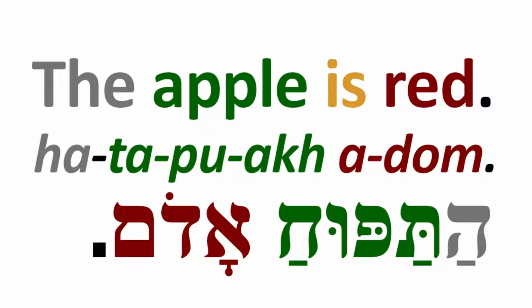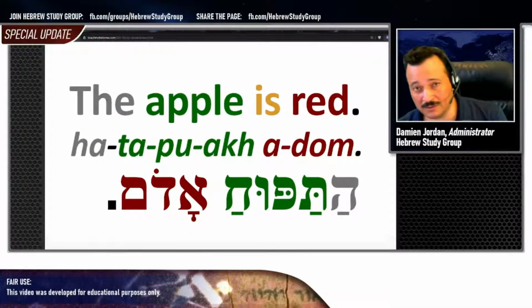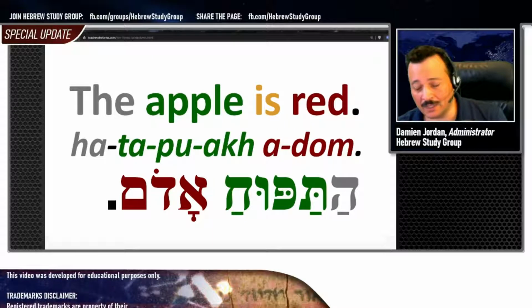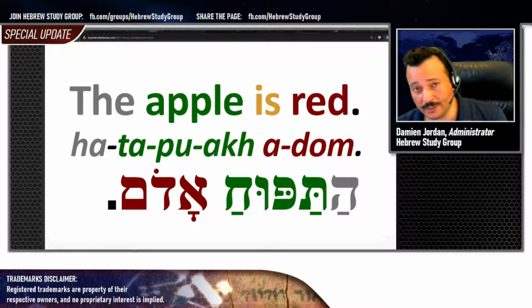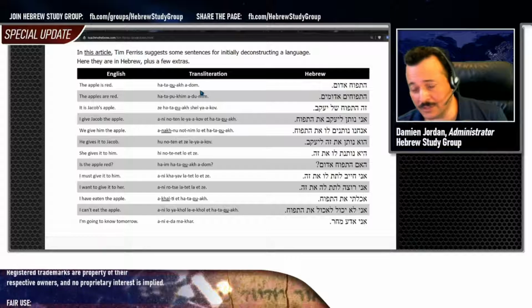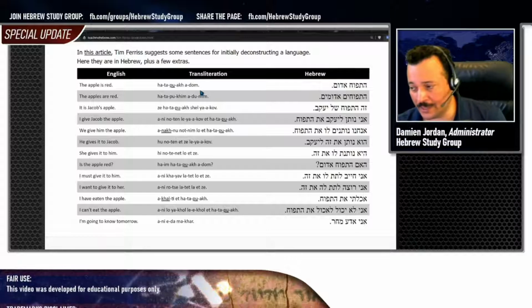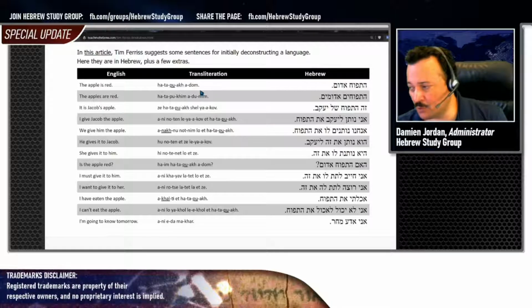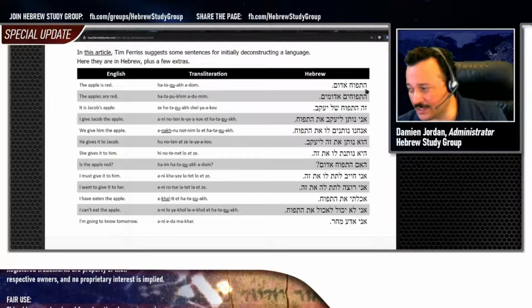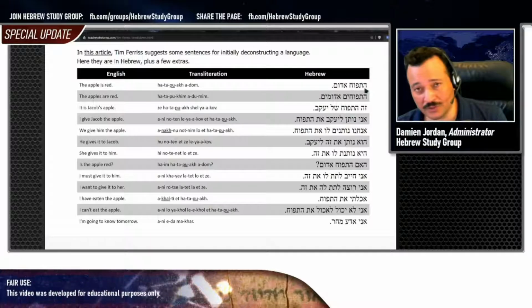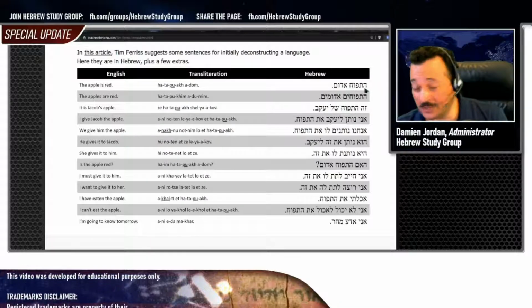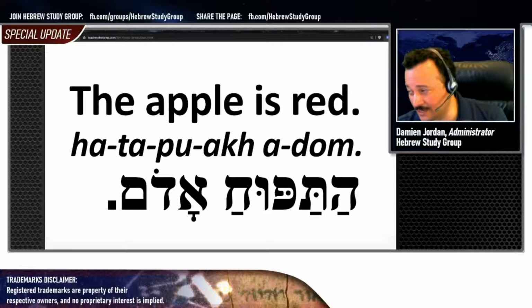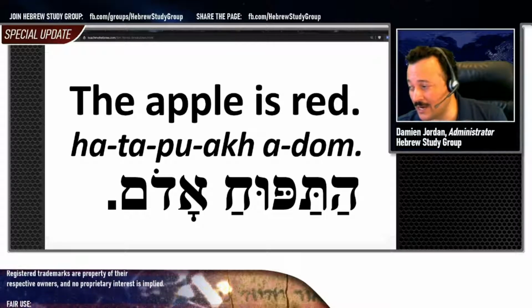Tapuach is apple. And the word adom, very much similar to Adam and earth, means red. So, what we have here is ha tapuach adom. Now, from the standpoint of the way that it's written here in Hebrew, of course, we're reading from right to left.